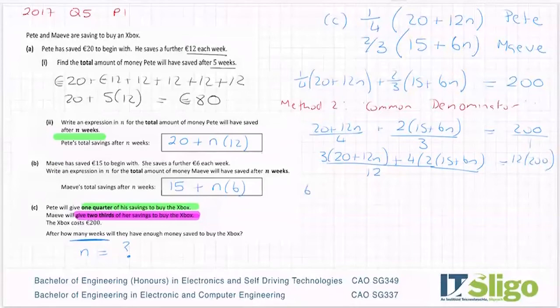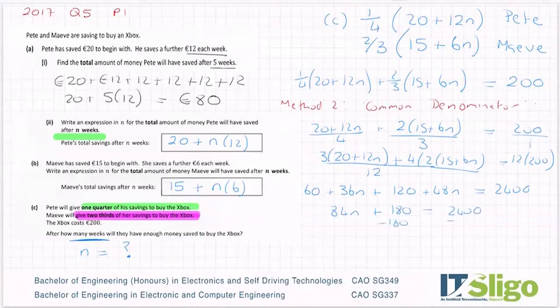3 by 20 is 60. 3 by 12 is 36n, plus 4 2s are 8, 8 by 15 is 120. 4 2s are 8, 8 6s, 48n, is equal to 12 times 200, 2400. Then tidy up. 36n plus 48n is 84n. 60 and 120 is 180.